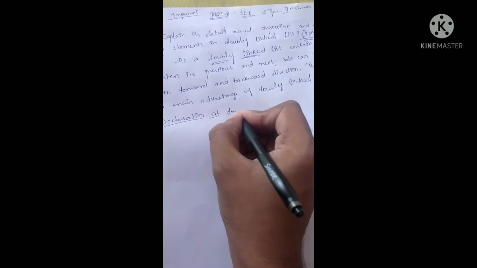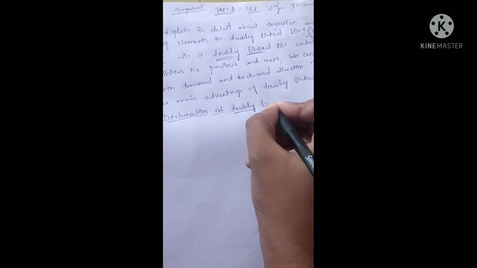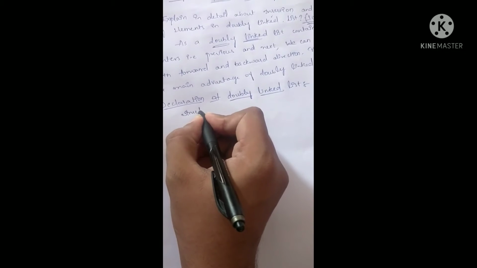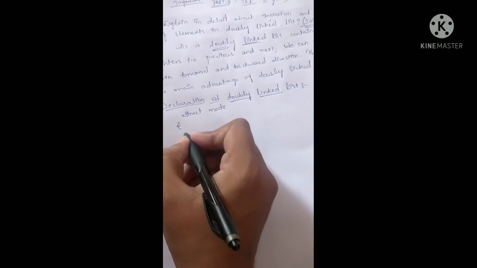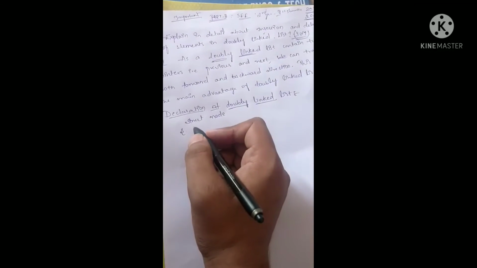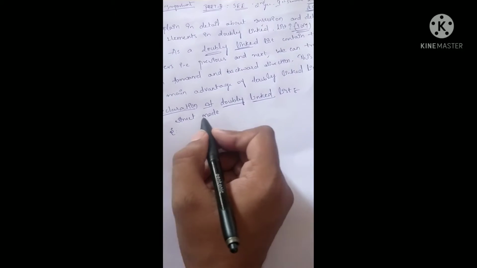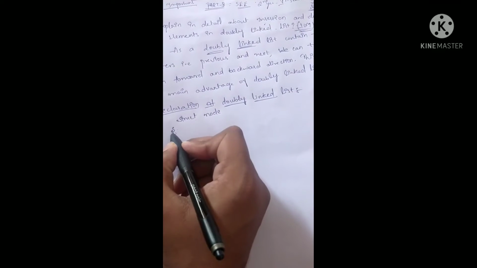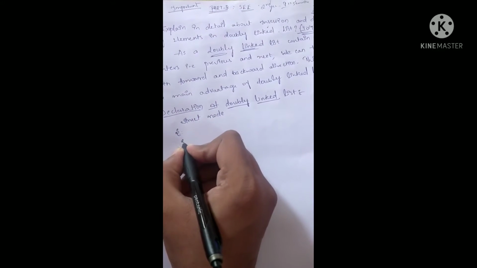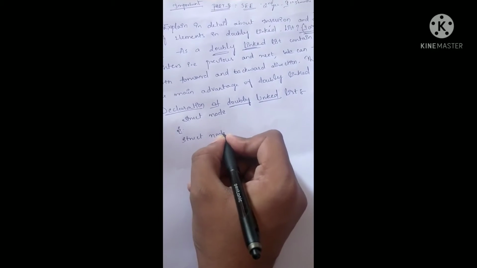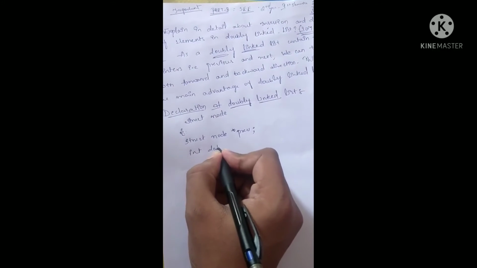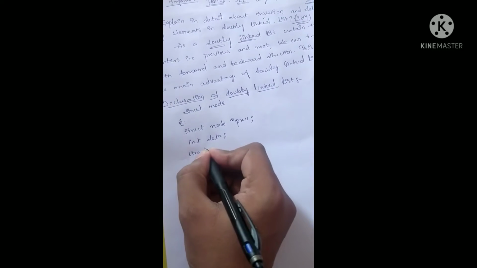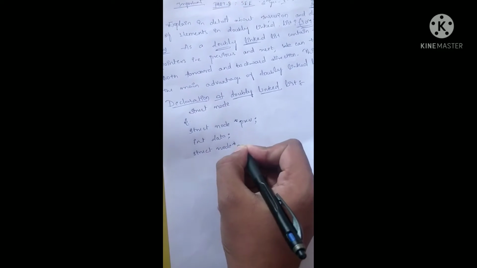We start with struct node, which is the name of the declaration, and we open the brackets. Inside the brackets we write struct node pointing towards the previous node, then integer data, and then struct node pointing towards the next node.